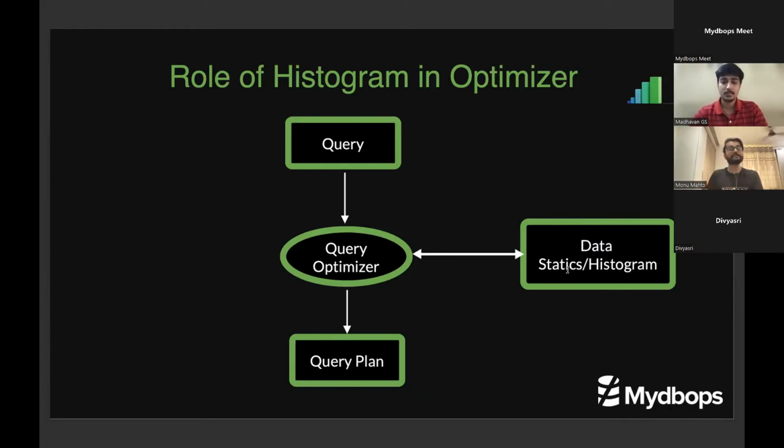From those stats, the optimizer tries to frame an execution plan, and depending on the execution plan our query will perform. If we have a histogram in place, and a query comes in with a where clause on a column which is not indexed, then that non-indexed column will be considered when we have the histogram, and the optimizer will give us a more efficient execution plan, and that can boost our query performance.